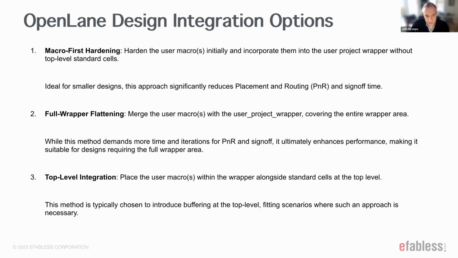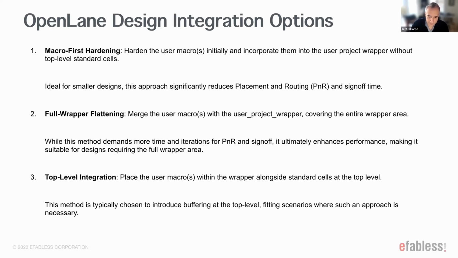And the third one is what we're calling top level integration. This is one where you have multiple pre-hardened macros that you're integrating at the top level, along with standard cells. This method allows for more complex designs. It also allows you to reuse hardened macros easily, so if you pre-harden macros, you can reduce the iterations on your complete design time.